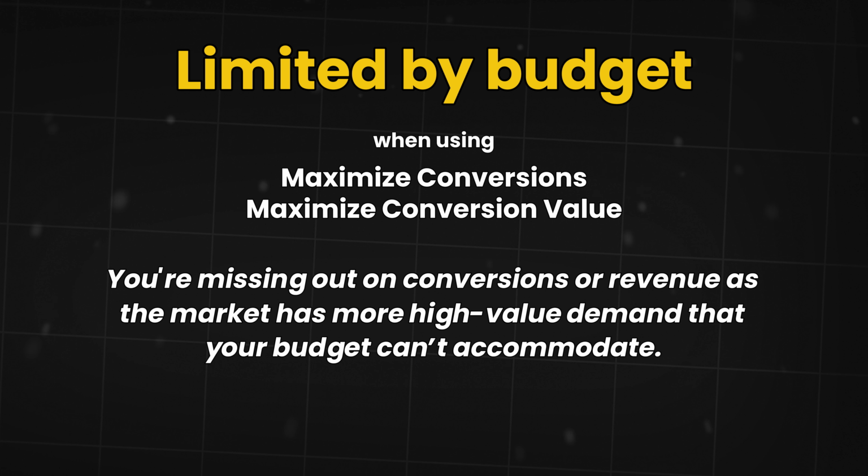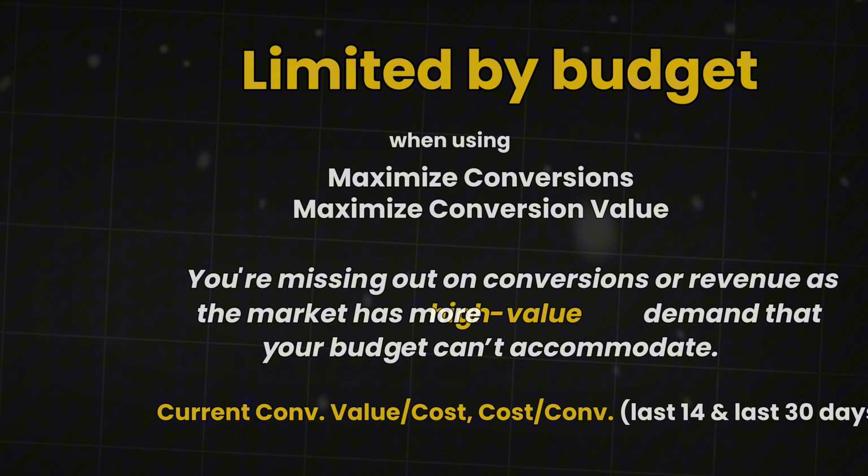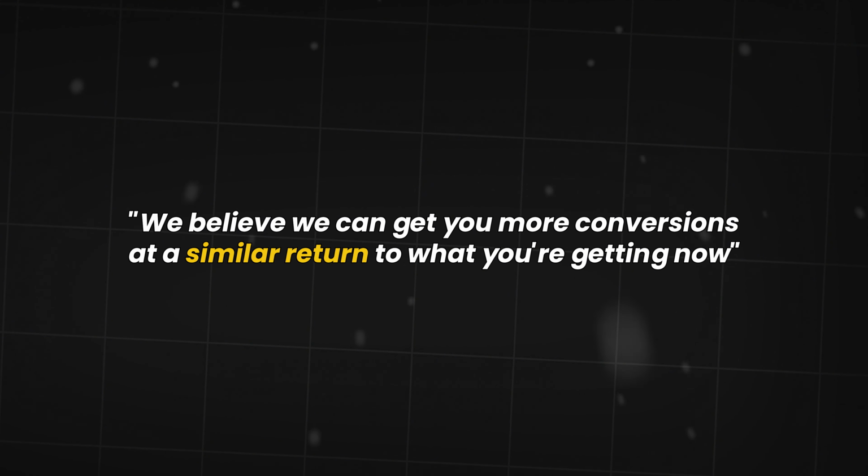Google Ads defines high value based on your current campaign return, meaning your current conversion value to cost or your current cost per conversion. And by current, they mean last 30 days and last 14 days. So what Google AI is really saying is, we believe we can get you more conversions at a similar return to what you're getting now.